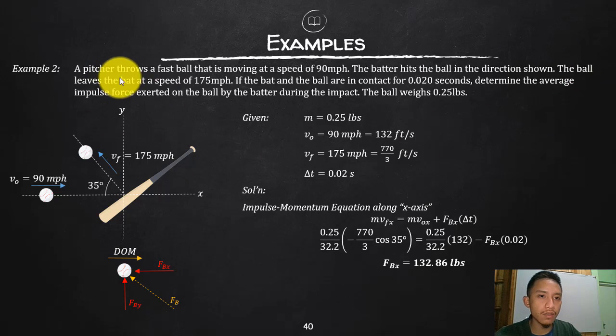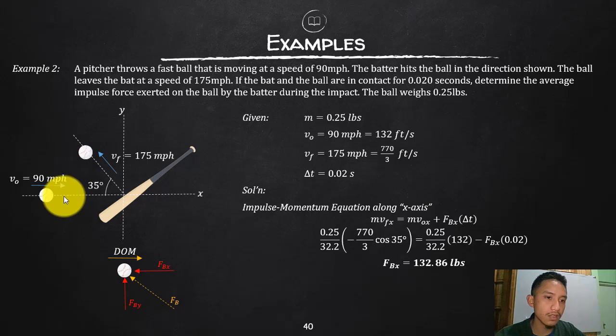And the ball will now leave the bat at a speed of 175 miles per hour. So now, from 90 miles per hour, because the bat is also in motion, with maybe a very strong force applied from the bat, that will magnify your velocity but in the opposite direction.